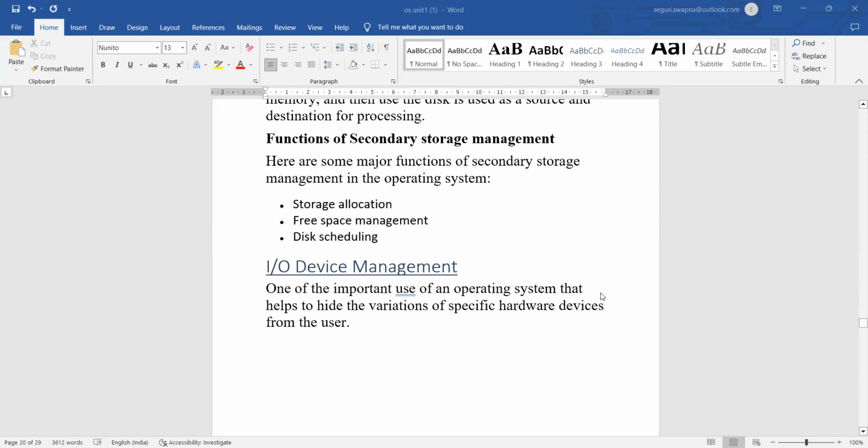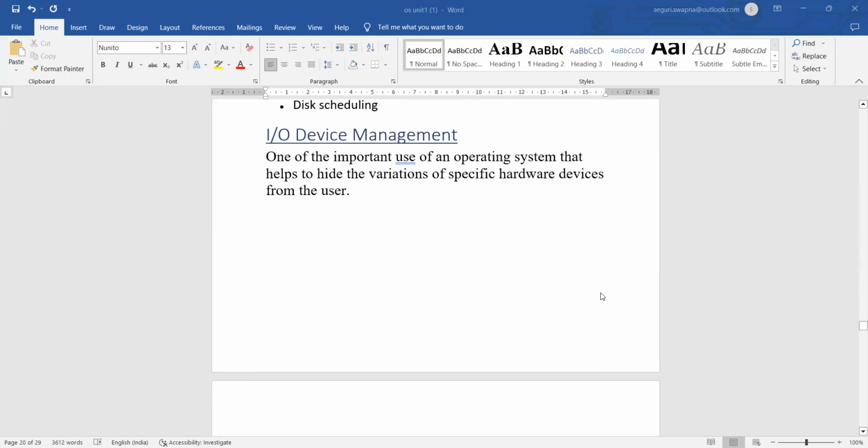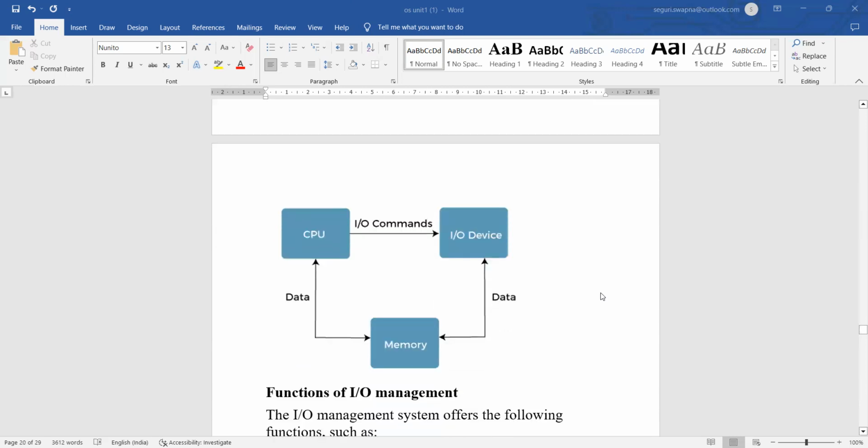Next, coming to IO device management, that is, input output device management. This component in the operating system is used to hide the variations of the various hardware devices. That is, during the execution of a process, if the process requires any input or output device, it is provided to that process with the help of this component called input output device management.